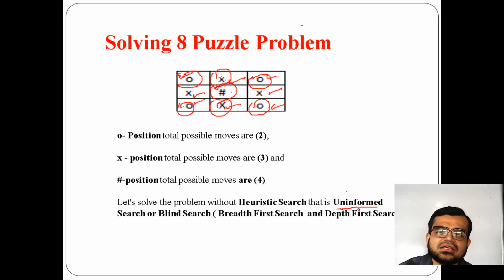The first way is uninformed search. Uninformed search is also called blind search, and another search method is called heuristic search. Heuristic search is informed search.